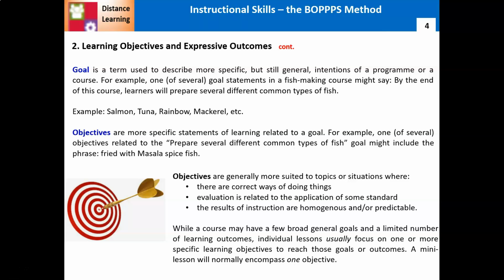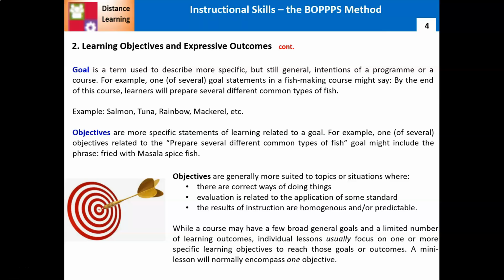So objectives are generally more suited to topics or situations where there are correct ways of doing things. Evaluation is related to the application of some standards, and the results of instruction are homogeneous and predictable. So there we can use the word objective.